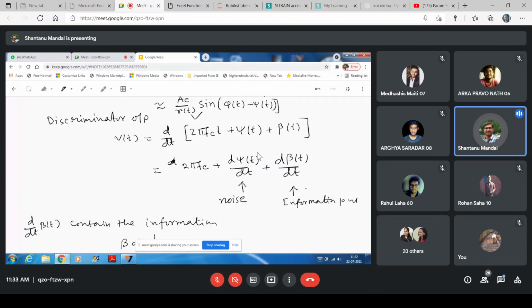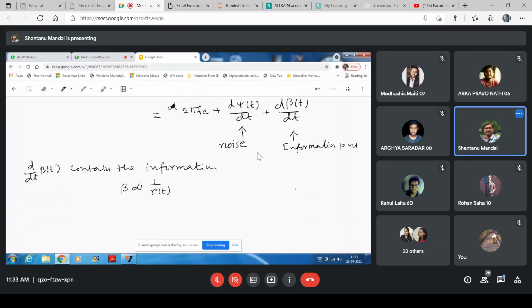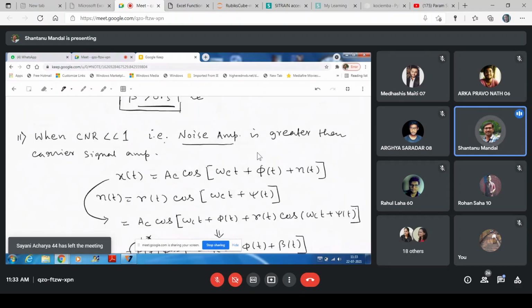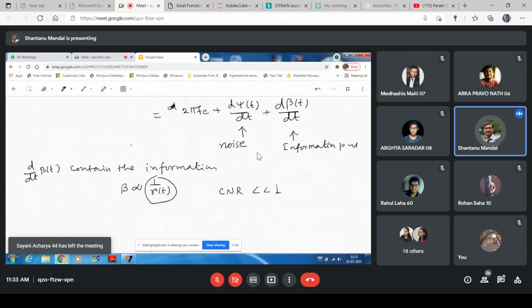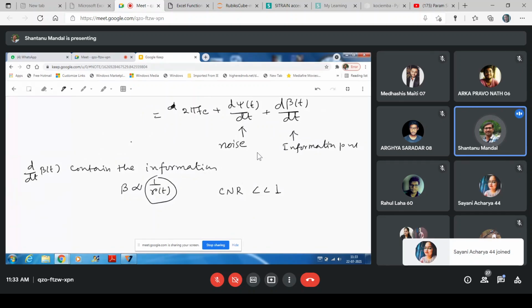That is, the message signal is distorted and we cannot extract it from the output.